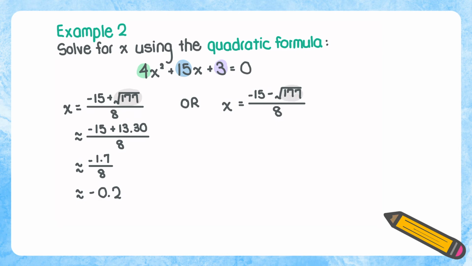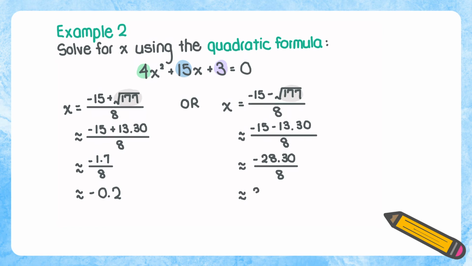Now let's look at the other option. Again, it's going to be an approximate answer, negative 15 minus around 13.30 all over 8. So that's negative 28.30 over 8. So x is approximately 3.5.